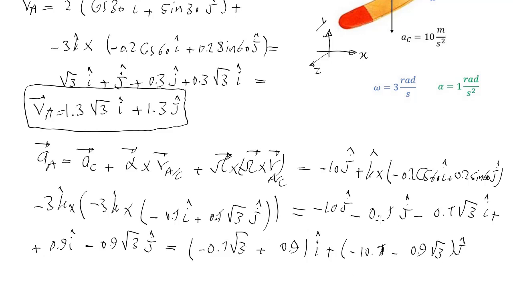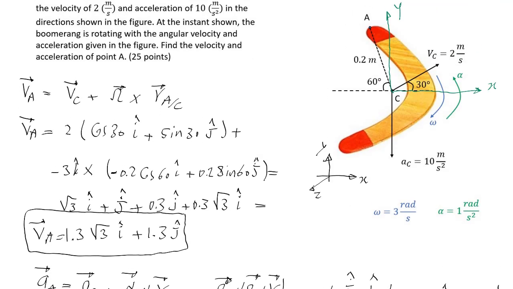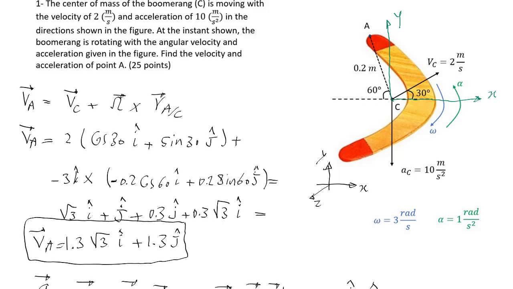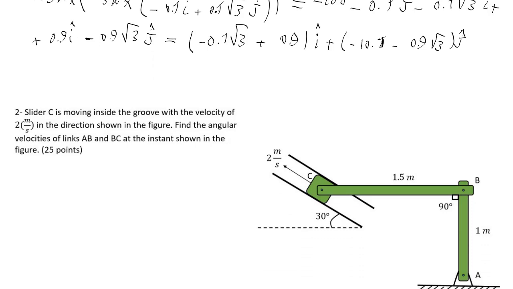So we had all the I terms here, and also the j terms. So that's the acceleration of point A, that we were able to just write down based on point C. So let's go to the second question.